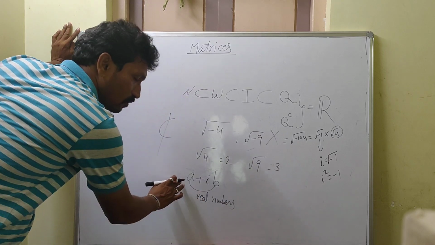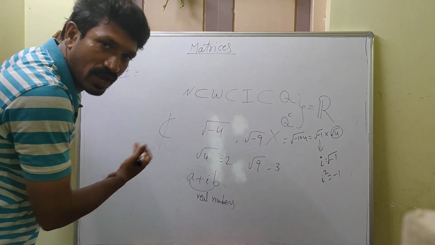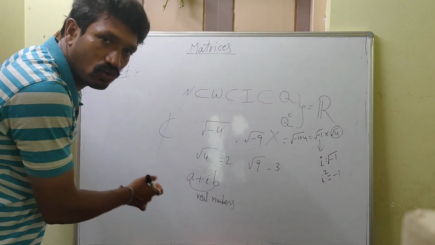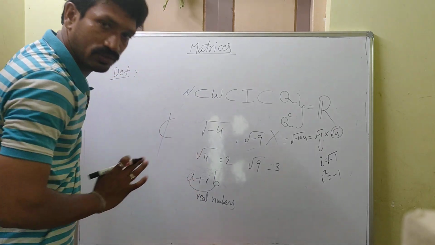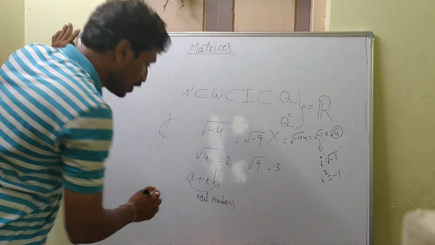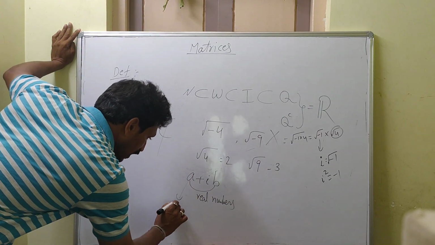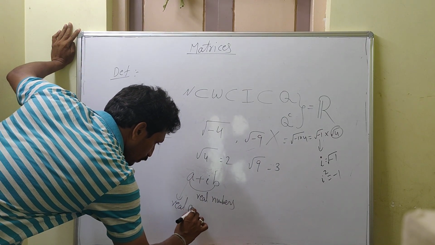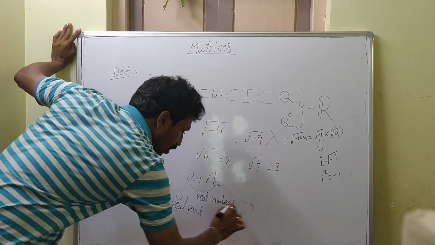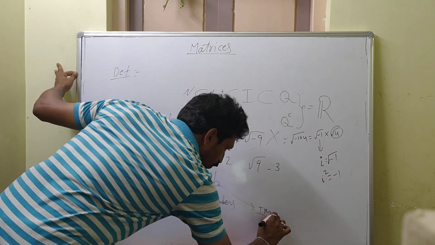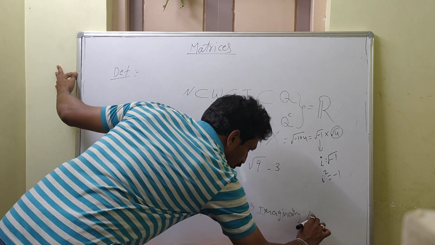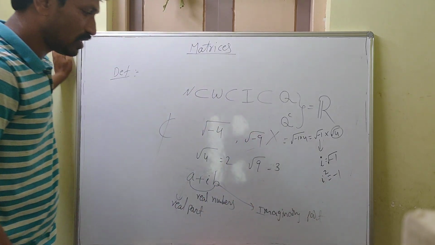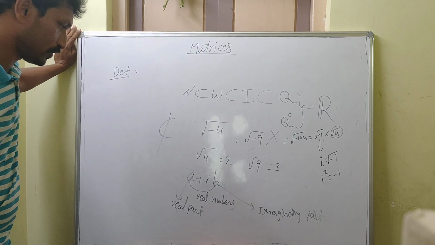Real numbers means 1, 2, 3, 1 by 2, 2 by 3, minus 1 by 2, minus 1 by 3, 0, and root 3, root 5, whatever you can write in the place of a, b. This a is called the real part, and this b is called the imaginary part.